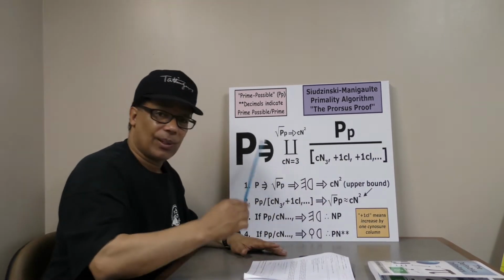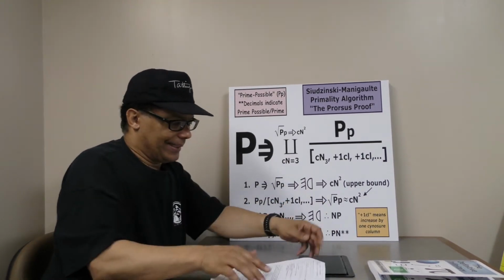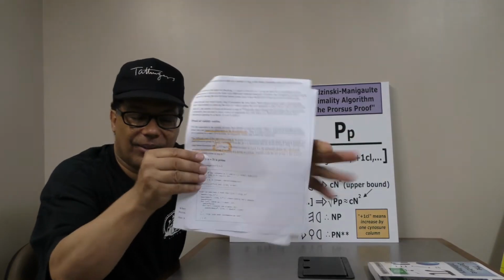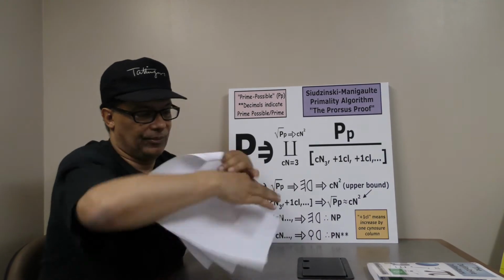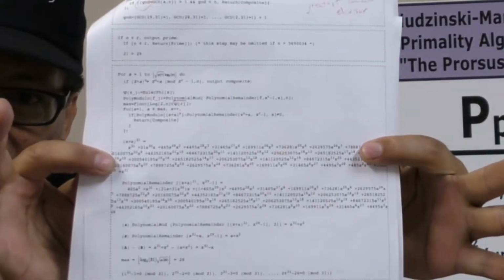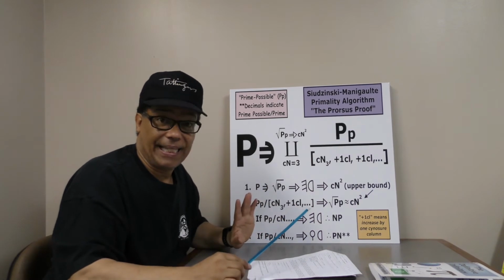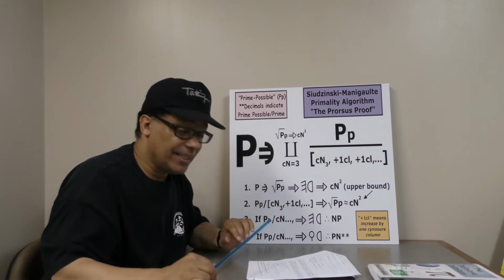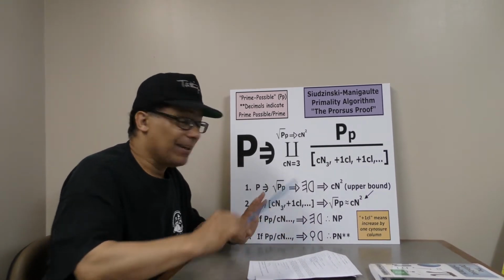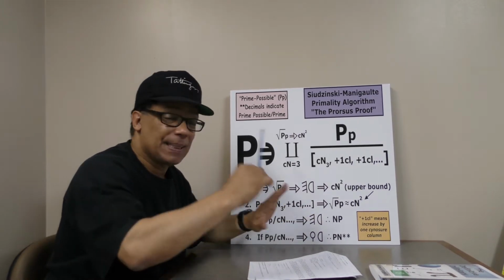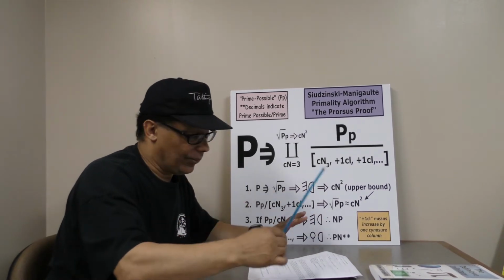Granted, this looks complicated, but it's not as complicated as this. This is sophisticated, as is the AKS test, but this is sophisticated in a simple, deterministic way.